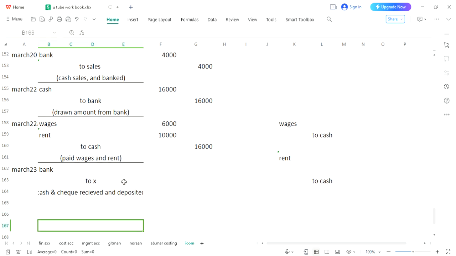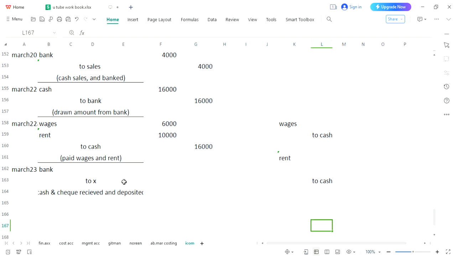Now again I will divide this entry into two parts. On rough work I will show how we can divide this entry. This was your old entry. Let's make some space. Cash received from X. It means cash is coming in. You will debit cash. From whom have you received this cash?